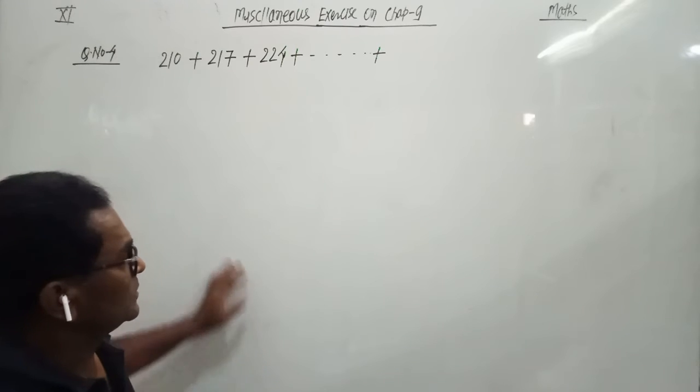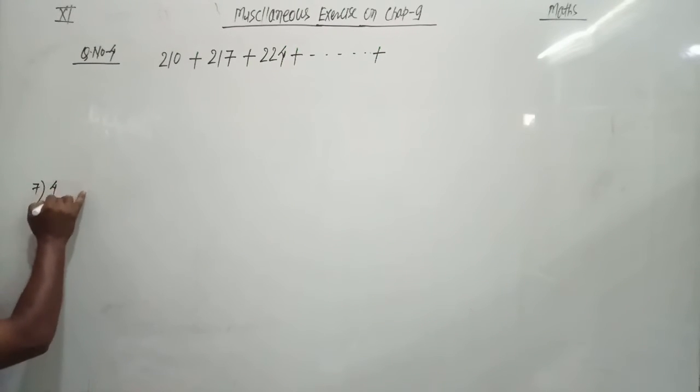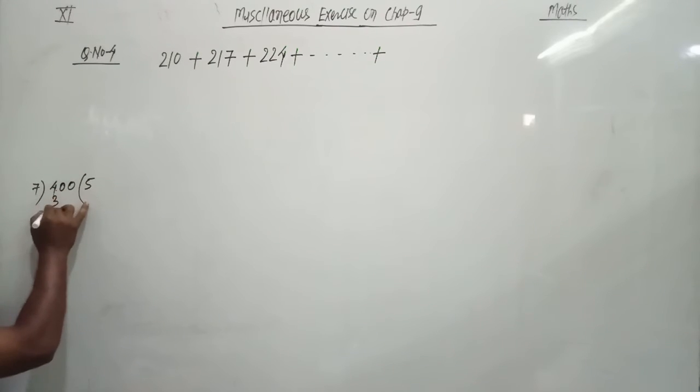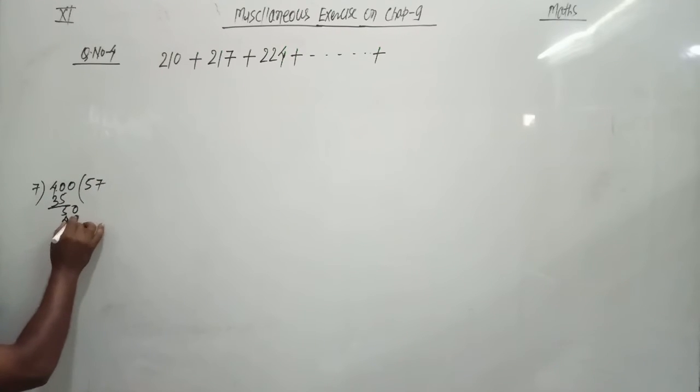So divide 400 by 7. 7 5s are 35, 5 carry 50, 7 7s are 49. Remainder comes to be 1.